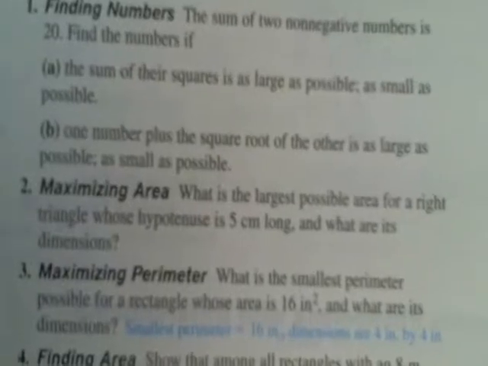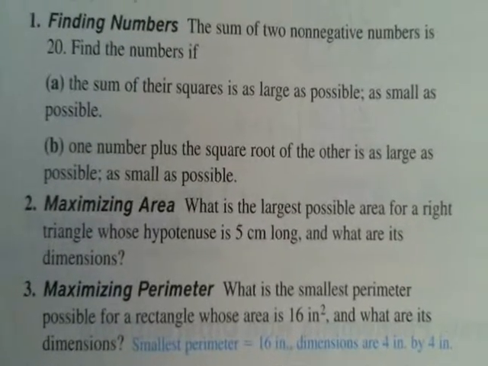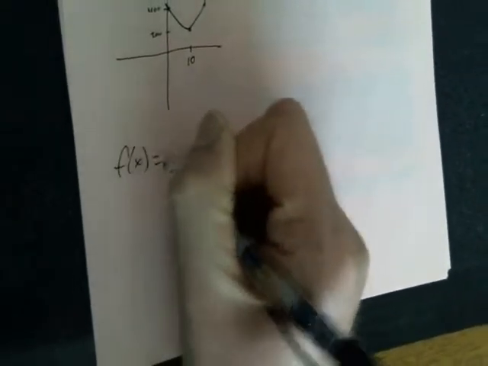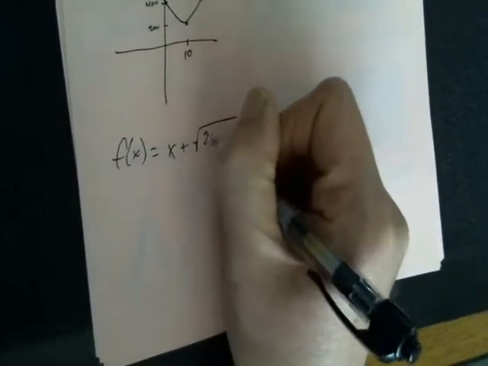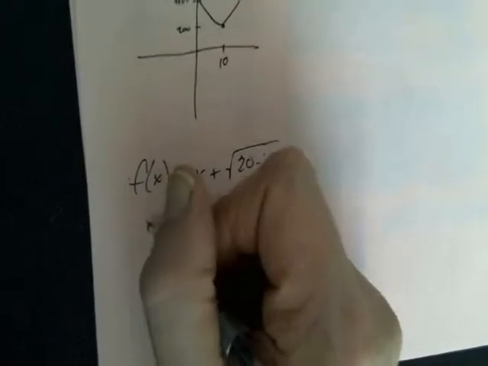Moving on to B. One number plus the square root of the other is as large as possible or as small as possible. So we've got a new function. We have one number plus the square root of the other number. And we want this to be as large and small as possible, so we'll differentiate.